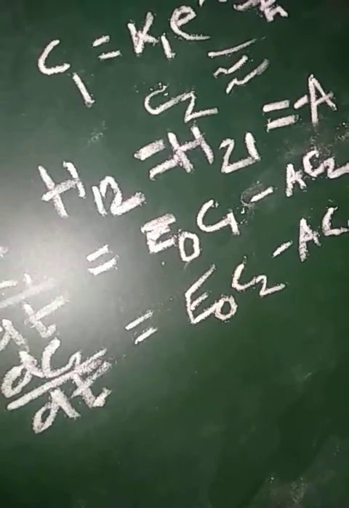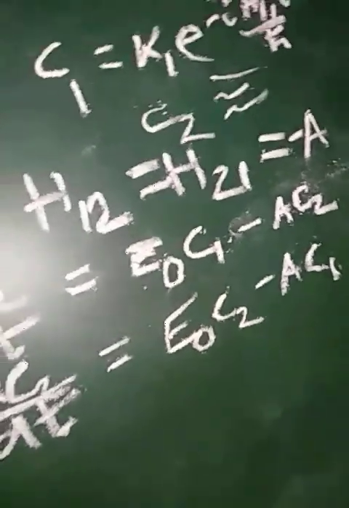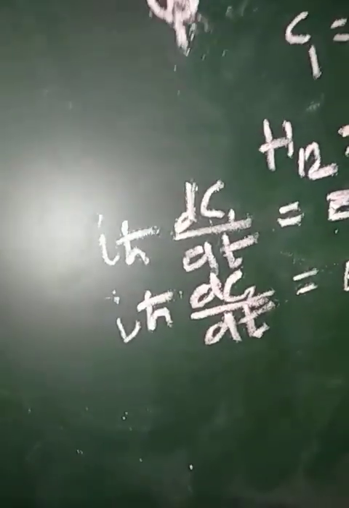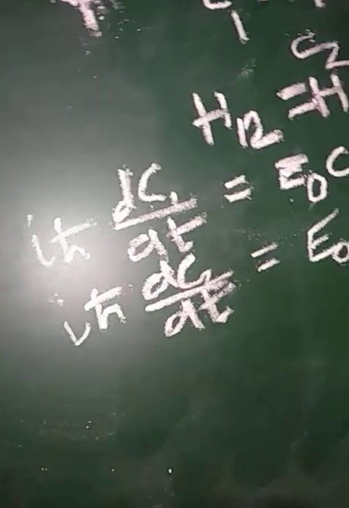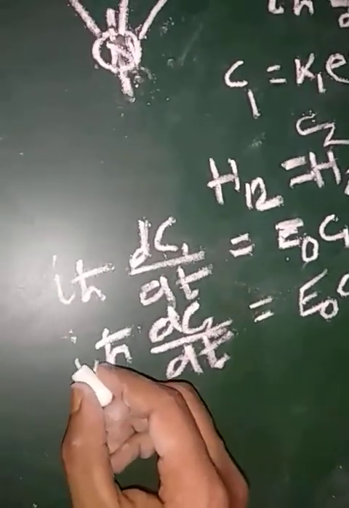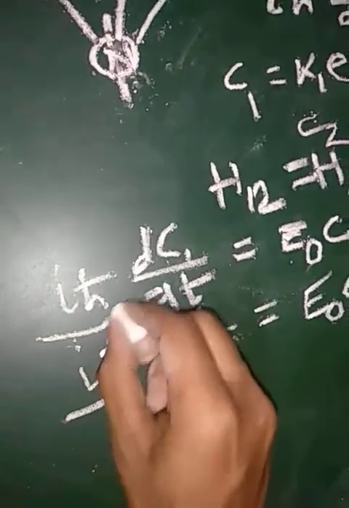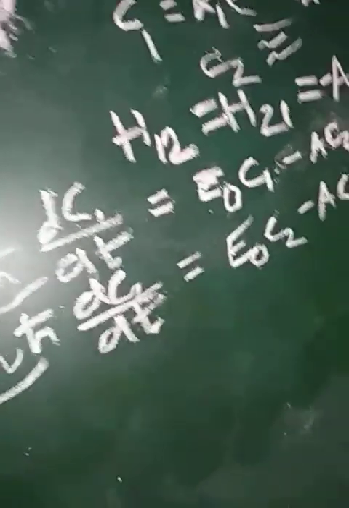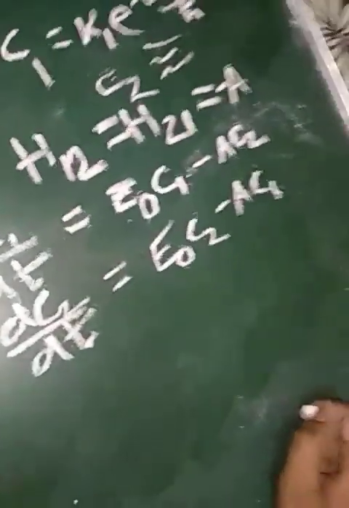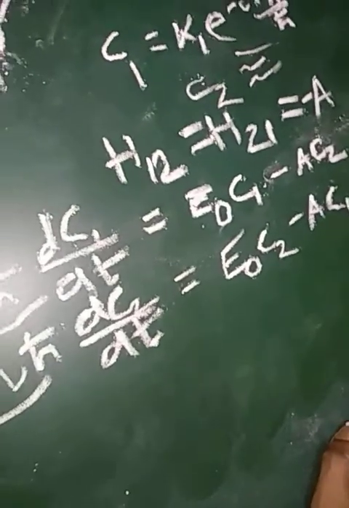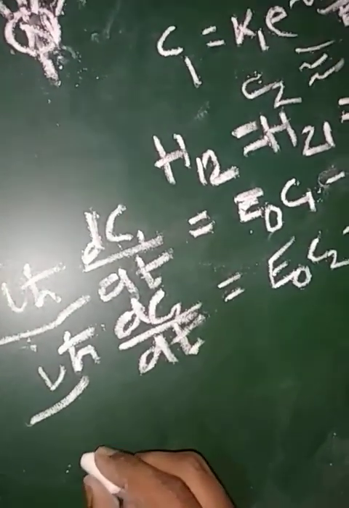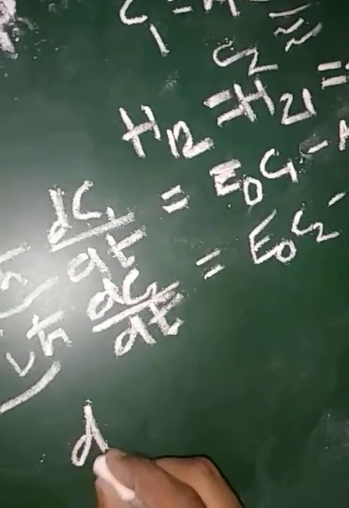So now how do you solve it? A ready-made way of solving this: first thing, we will not consider these things. These things make the equation look clumsy, cumbersome, isn't it? So we write like this, d/dt.